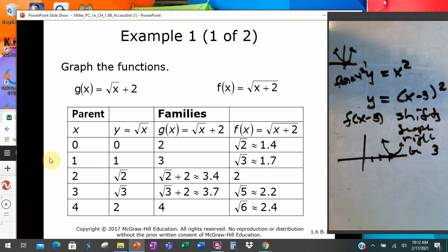If I shift 1 over by 2 for this family, this would be 1 minus 2, which is negative 1. Negative 1 plus 2 would be 1, but the x would be negative 1. Here would be the 0. 0 plus 2 is the square root of 2.